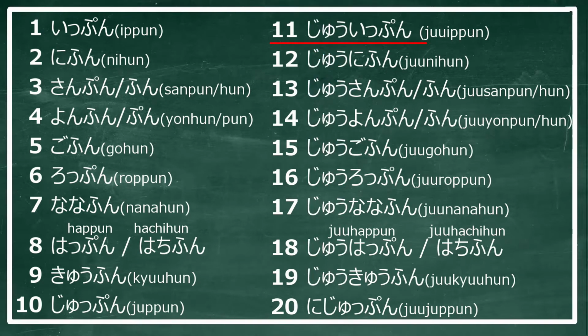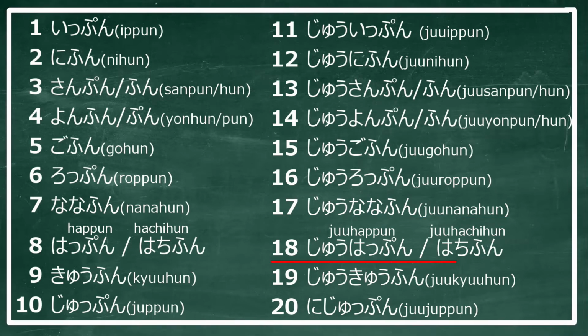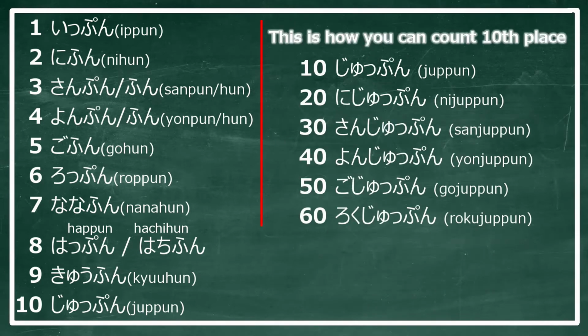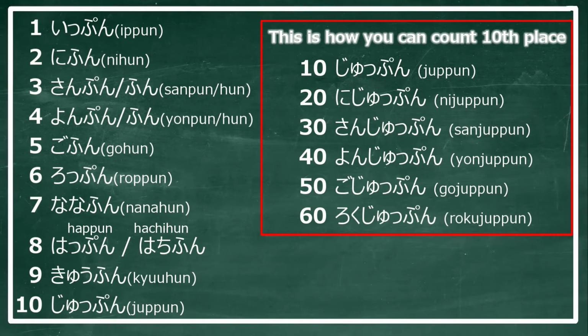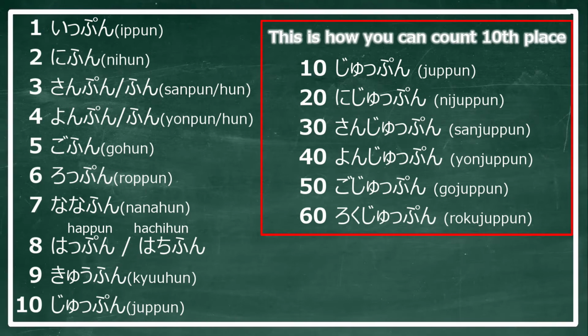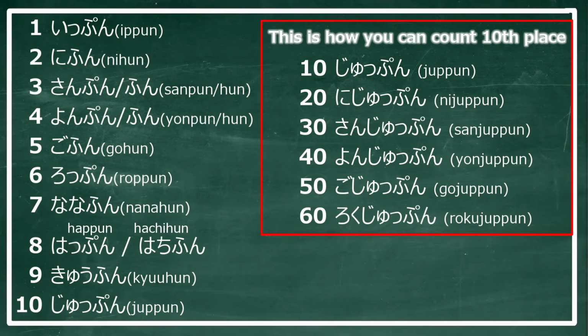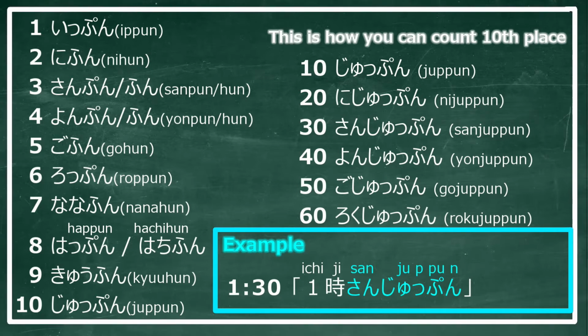place. 11分、12分、13分、14分、15分、16分、17分、18分、19分。This is how you can count the tenth place. 10分、20分、30分、40分、50分、60分。Example: 1:30 is 1時30分.